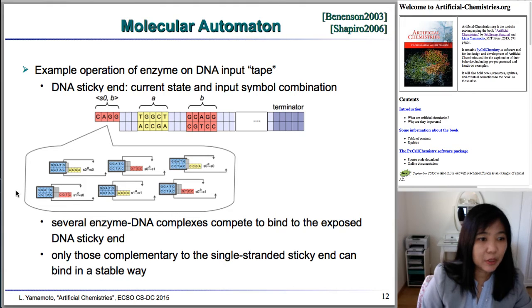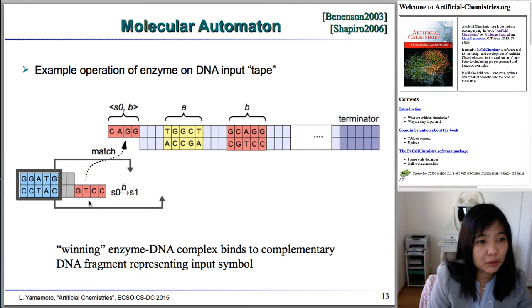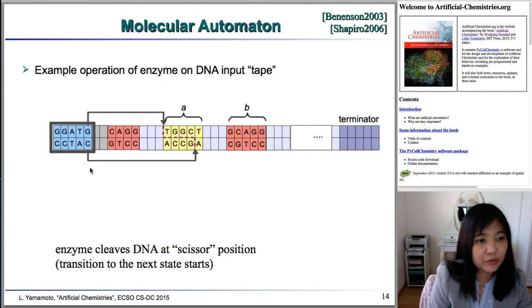Here is how a bunch of enzymes would all compete for binding to the current sticky end that determines the current state and current symbol to be read. Only one of these, or a number of identical enzyme complex configurations, has the strand that matches by complementarity perfectly, so that it produces a stable complex with the DNA.